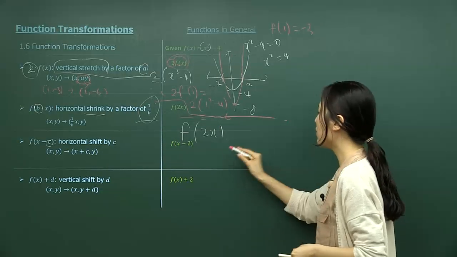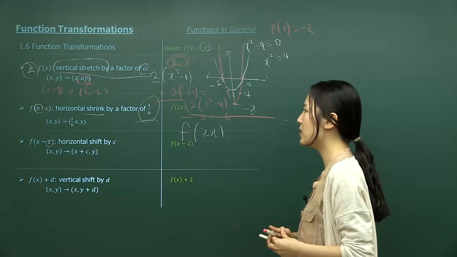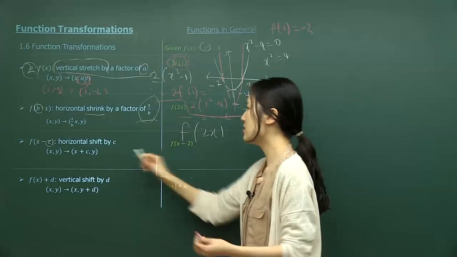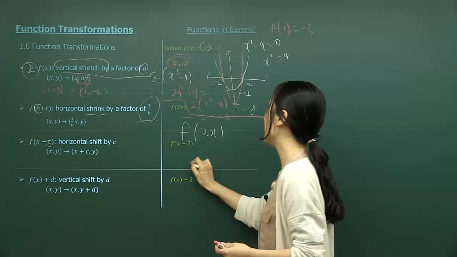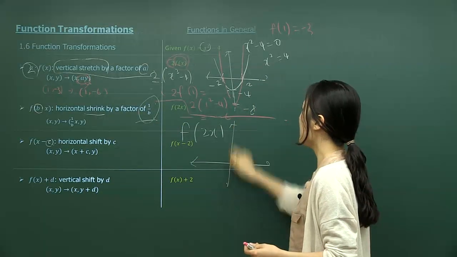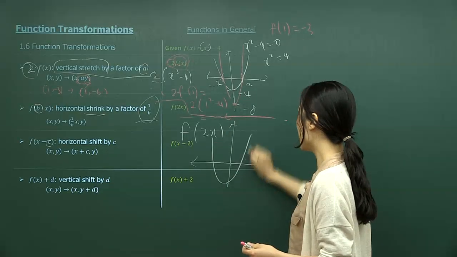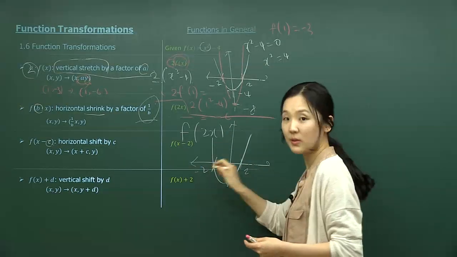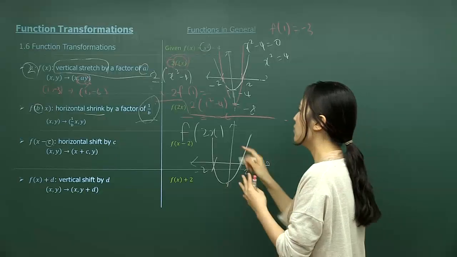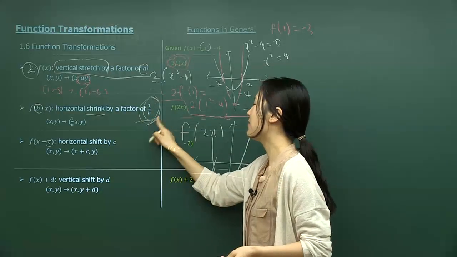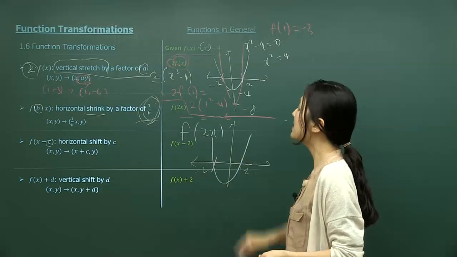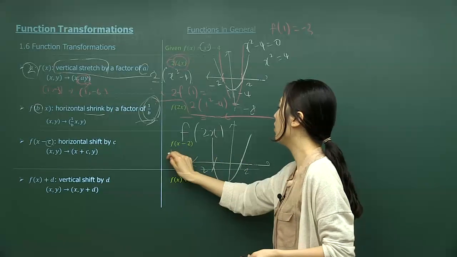This time, since we are talking about horizontal transformation, concentrate on the x-intercepts. Remember how we had x-intercepts at 2 and negative 2 before? These values will be multiplied by 1 over b. In this case, 1 over b is 1 over 2.